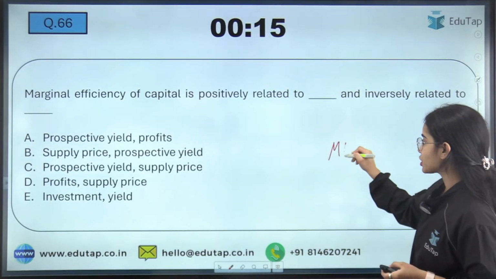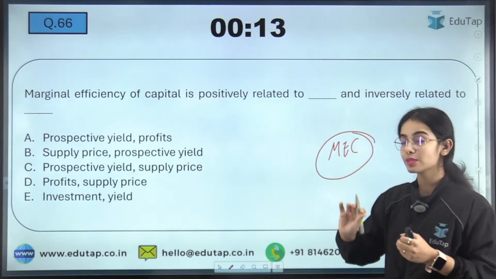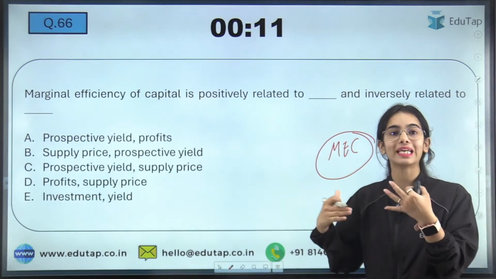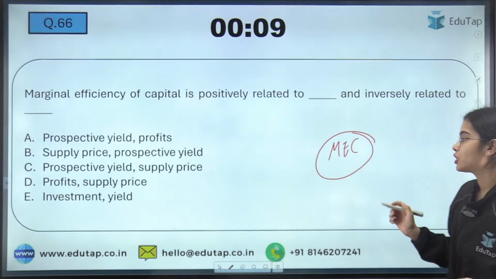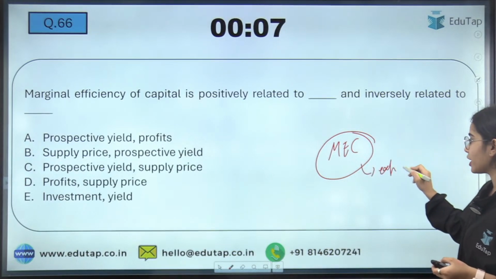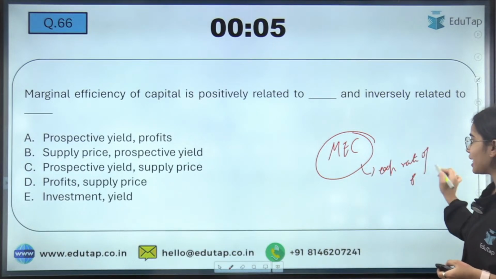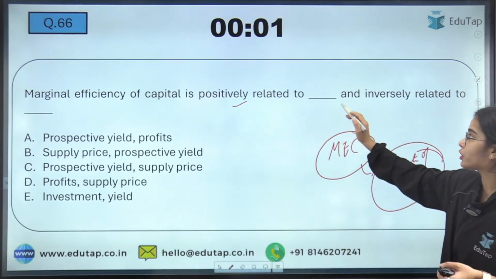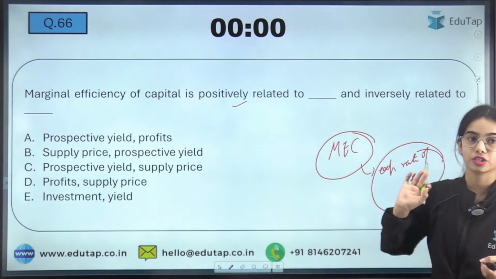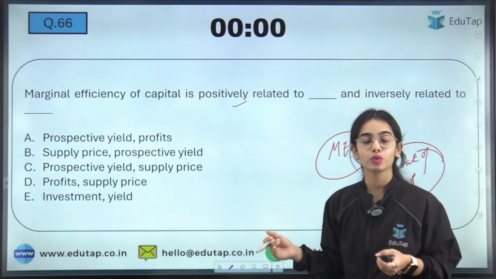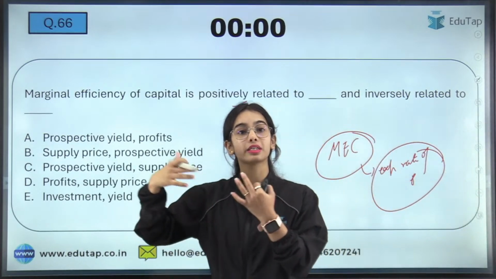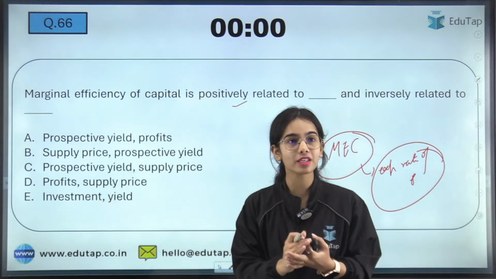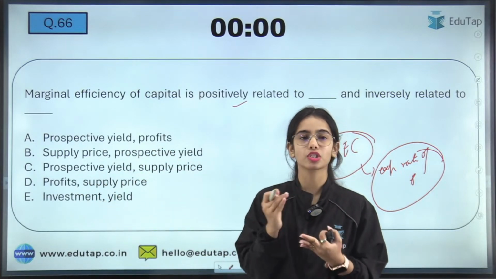So marginal efficiency of capital shows the expected rate of profit from the additional capital stock. So marginal efficiency of capital is positively related to dash and inversely related to dash. It is positively related to prospective yield, the returns that you can get, and it is negatively related to your supply cost or supply price.